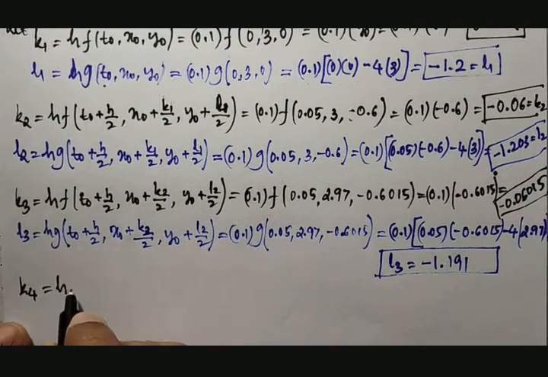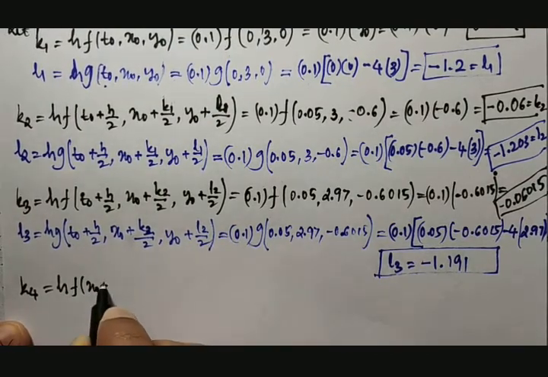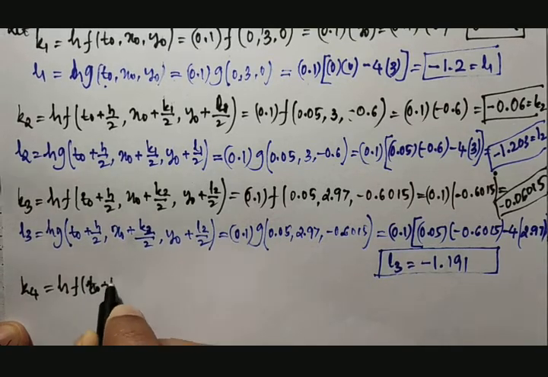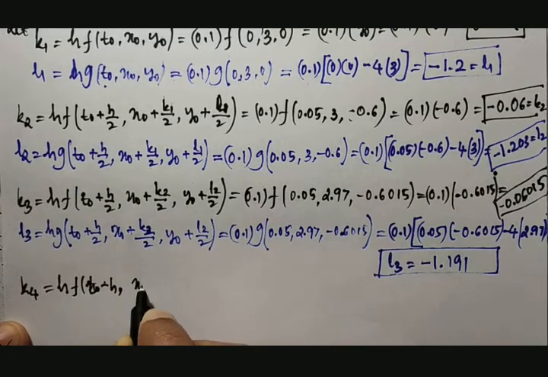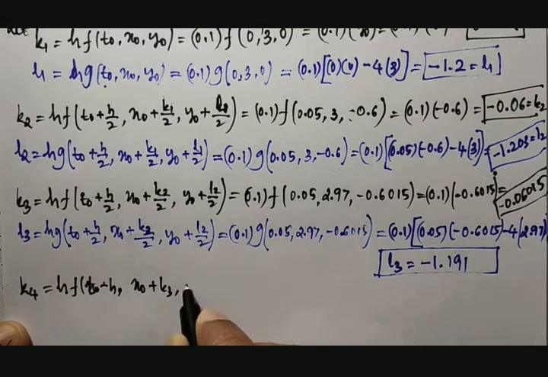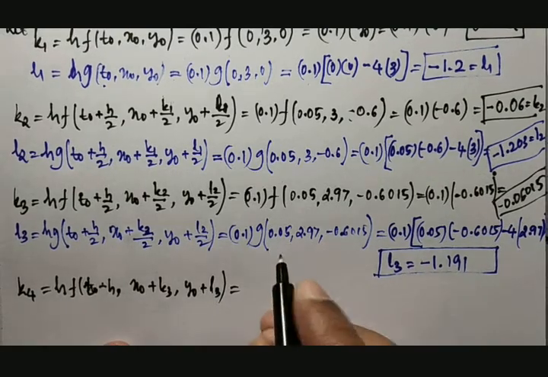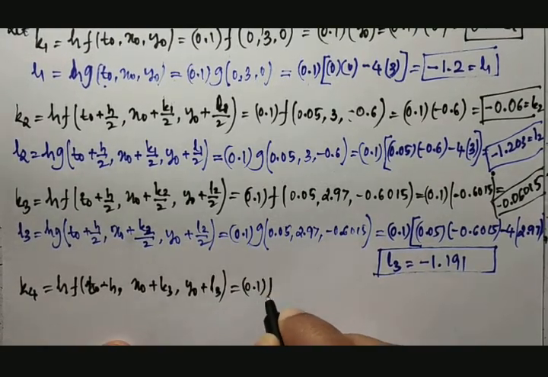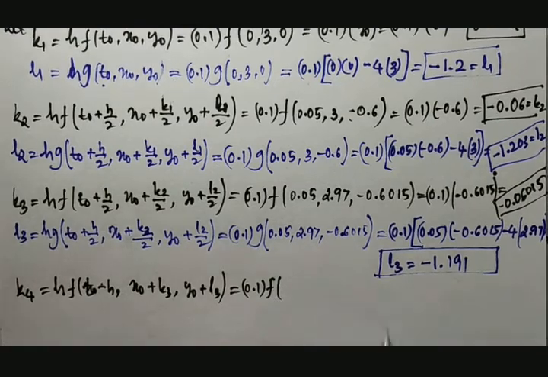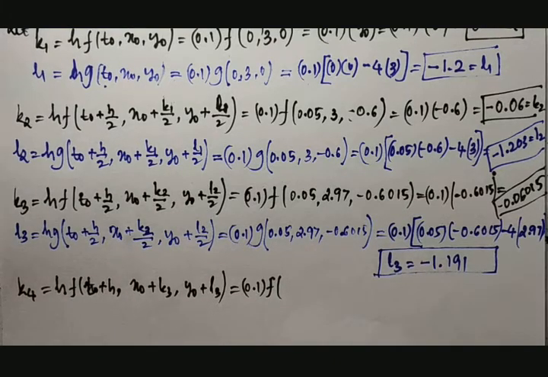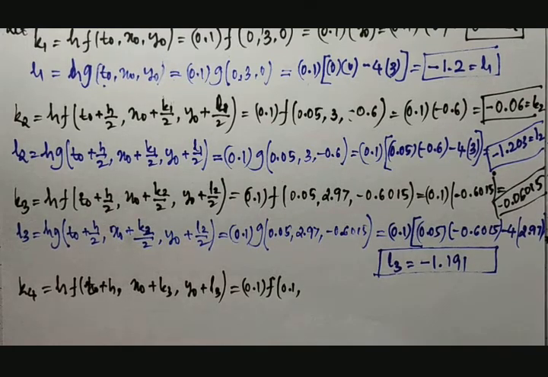Similarly, K4, h into f of t naught plus h, comma x naught plus k3, comma y naught plus L3. Therefore, 0.1 into f of t naught is 0, 0 plus h is 0.1, comma x naught is 3 plus k3.